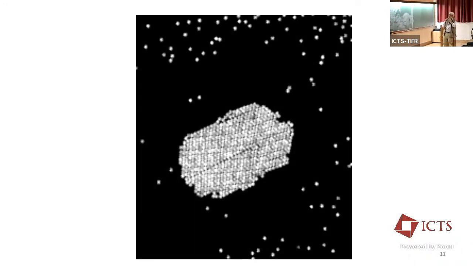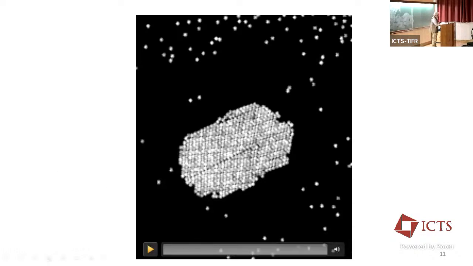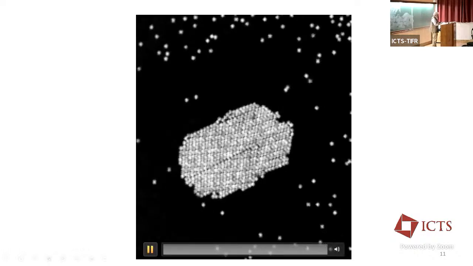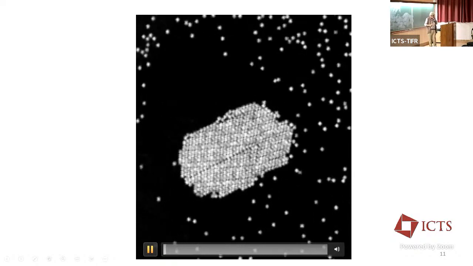Okay. So let me now show you a large crystal, which was formed very carefully. There's a very large crystal in the middle, and you can see it's quite faceted. Now I'm just going to show you what happens.